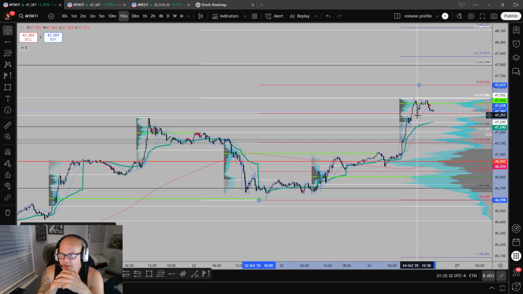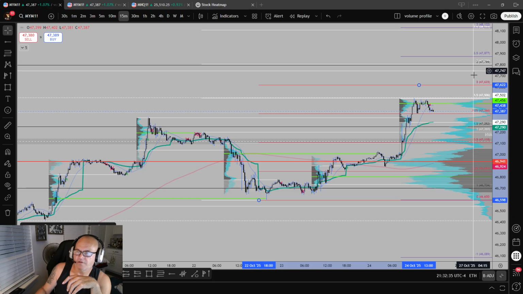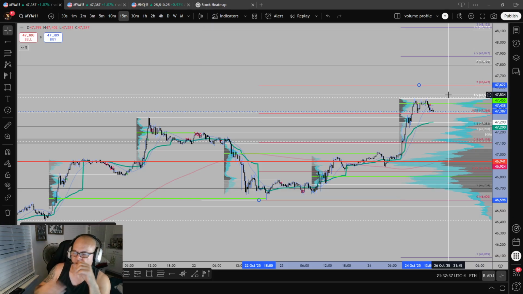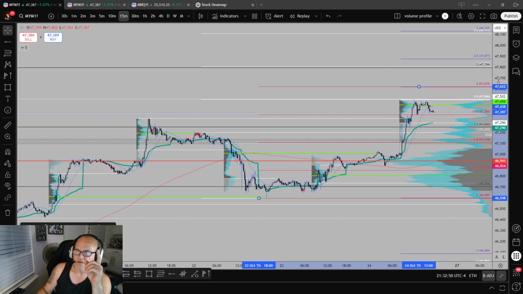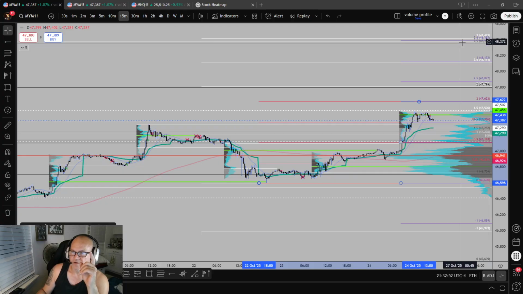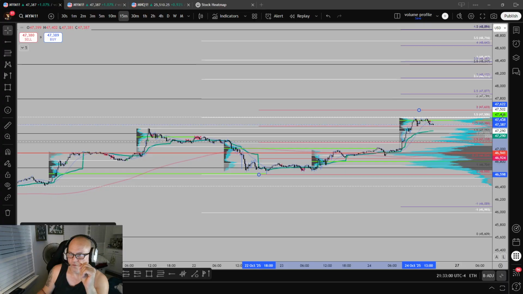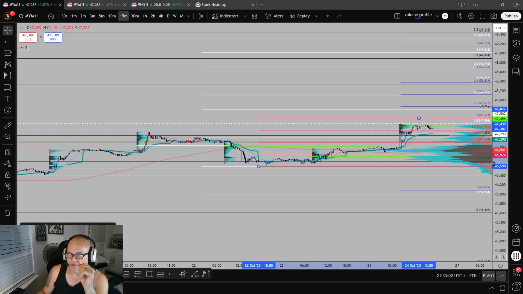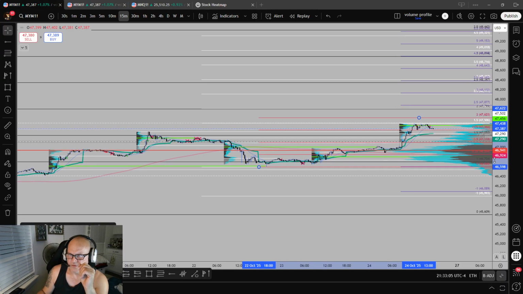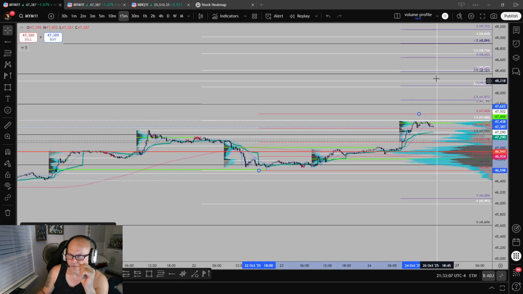Then push up to 47,800 to then pull back to a DRT level with a fair value gap and such, to then go higher to reach our final target up here around 48,400, or all the way up to our, where did we have it?